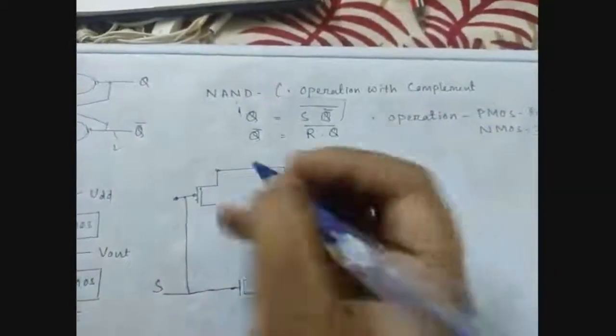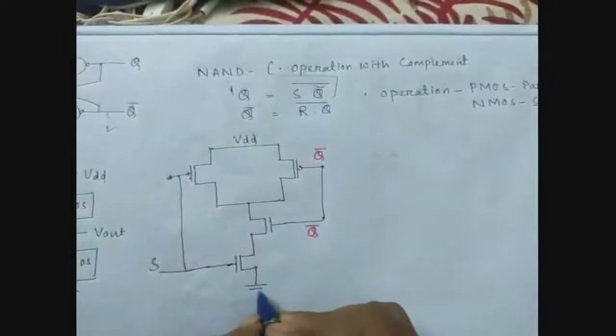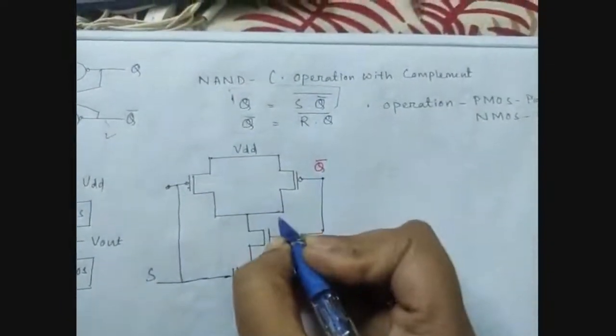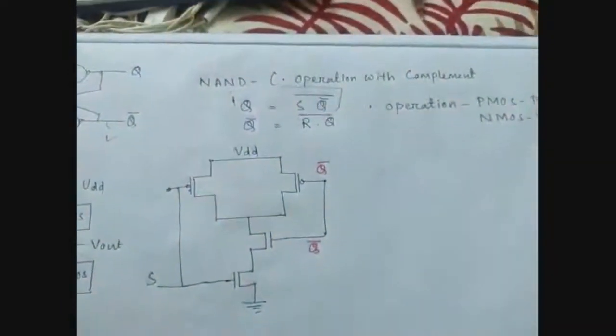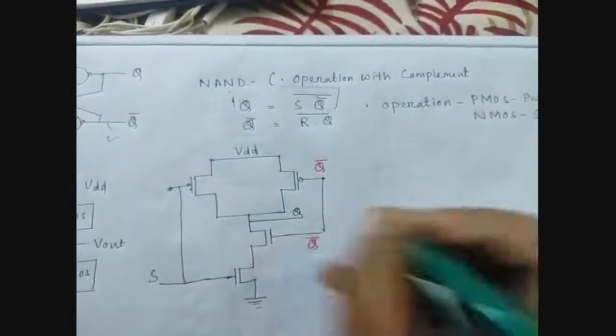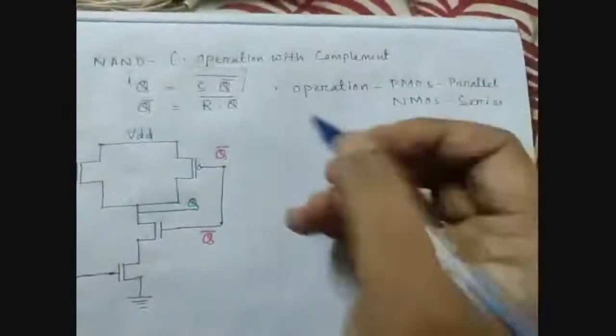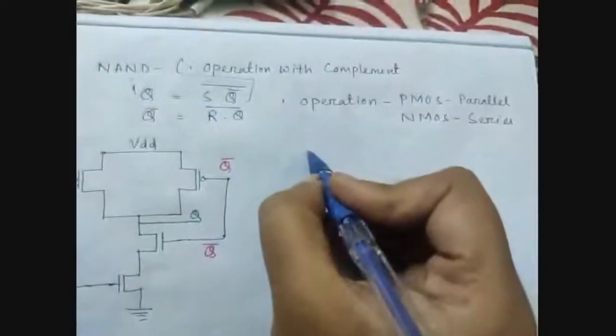This is VDD and this is the ground, and from this point the output is taken, which is Q.